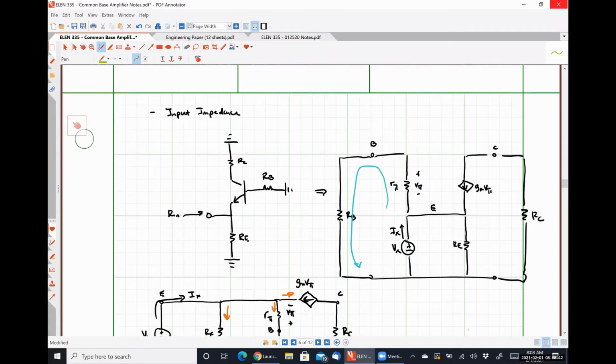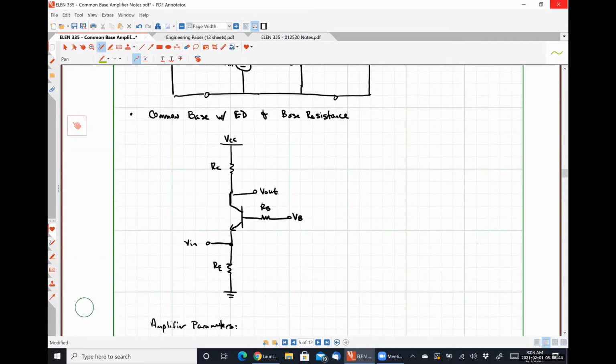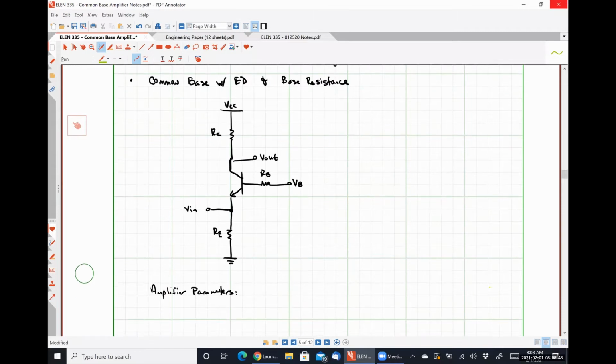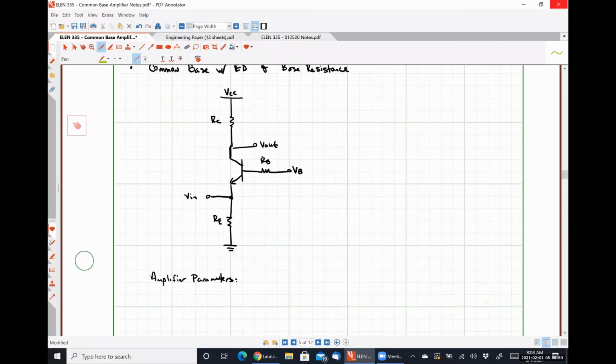Here we go. Okay, so it looks like a common base amplifier with emitter degeneration where RE is equal to infinity. So I just wrote CE instead of CB, right? So if RE is equal to infinity, we have the exact same thing. So I apologize for that confusion there.